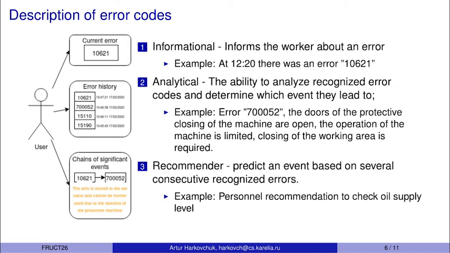The service being developed will track error chains to notify the operator of their occurrence, to provide a prearranged factory and technical operator response to prevent breakage and machine shutdown.